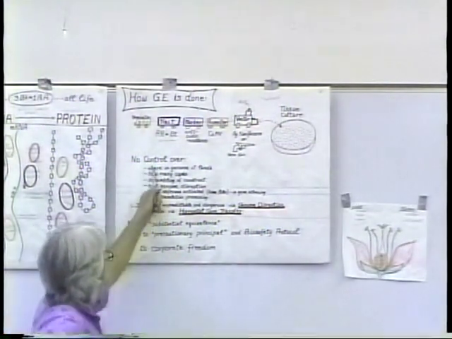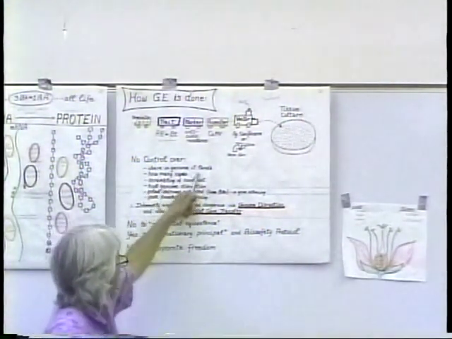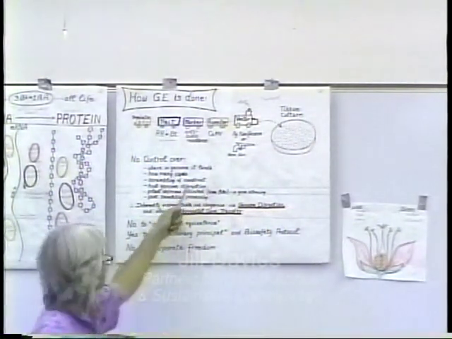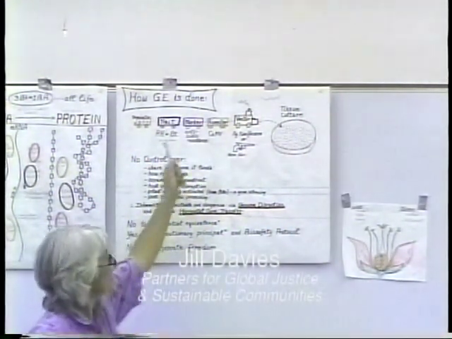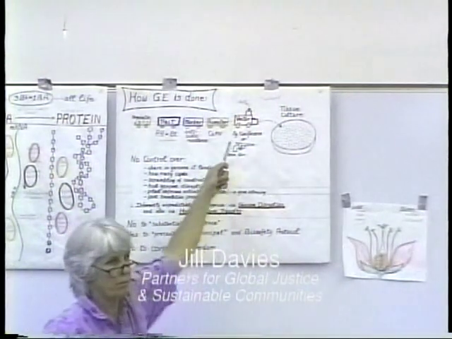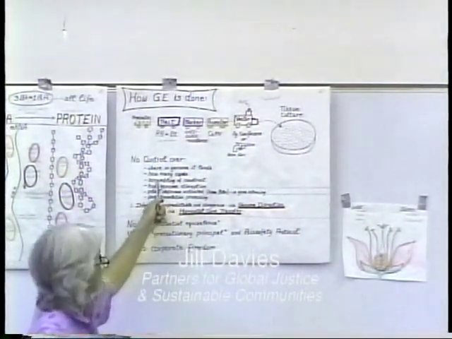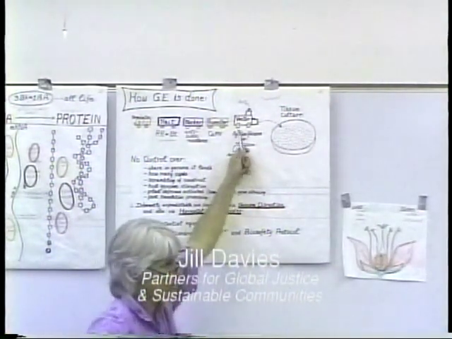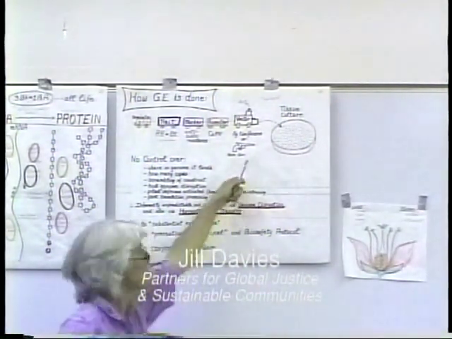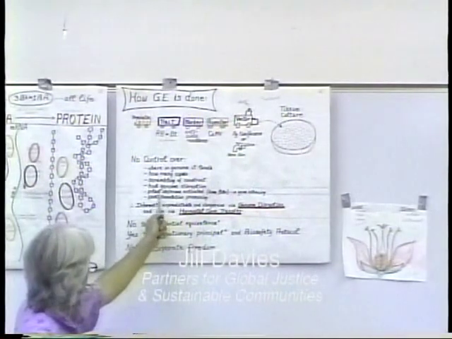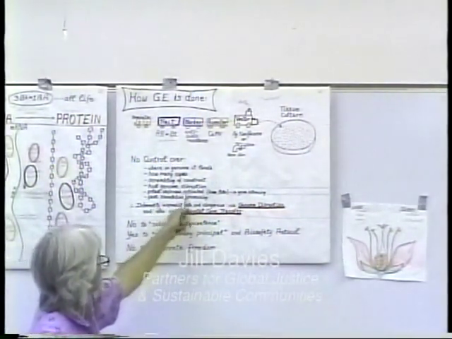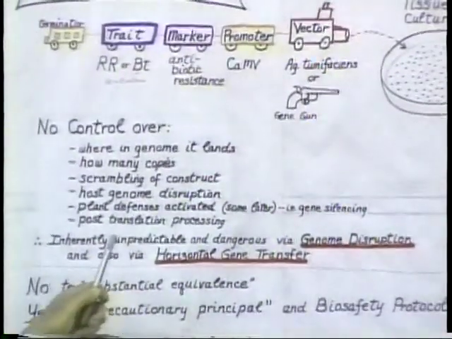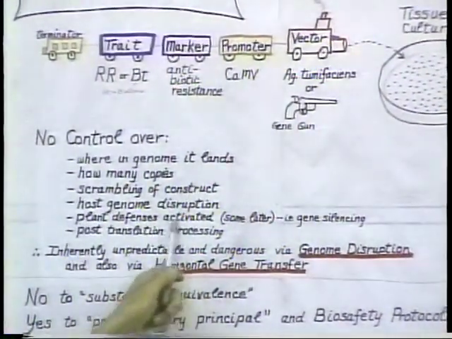Because there's no control over where in the host genome this package lands, obviously. There's no control over how many copies land in the host genome. You can have massive scrambling of this construct as it's going in, especially with the cauliflower mosaic virus. You can disrupt the host genome, depending on where it lands. And plant defenses.